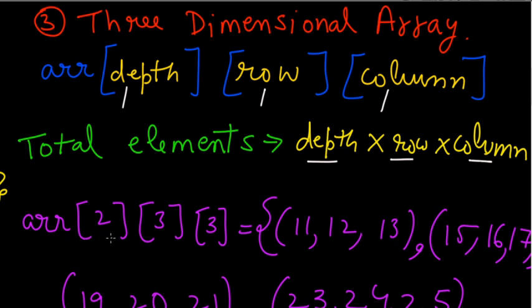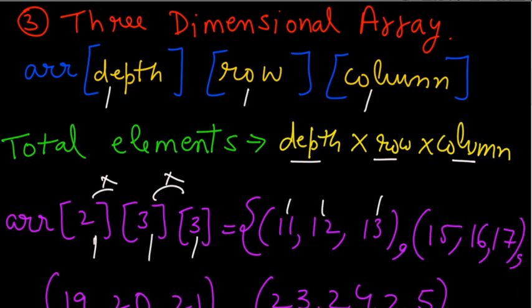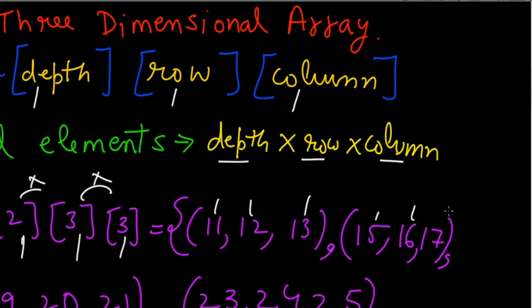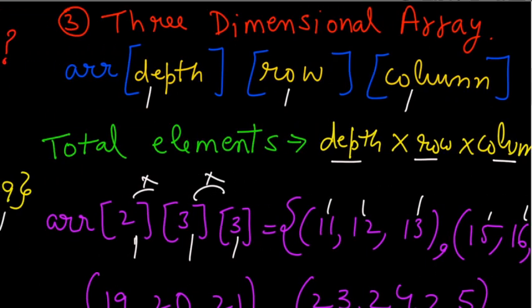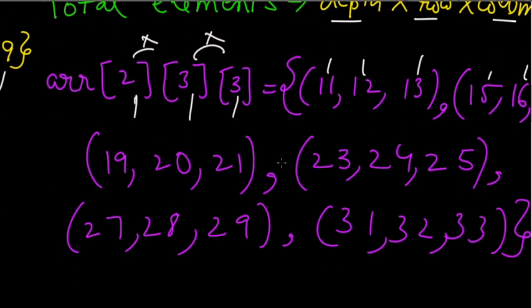This is array[2][3][3], where 2 is the depth, 3 is the rows and 3 is the columns. So the total number of elements will be 2 into 3, that is 6, 6 into 3, 18. So 1, 2, 3, 4, 5, 6, then we have 7, 8, 9, 10, 11, 12, 13, 14, 15, 16, 17, 18. So we have 18 elements.